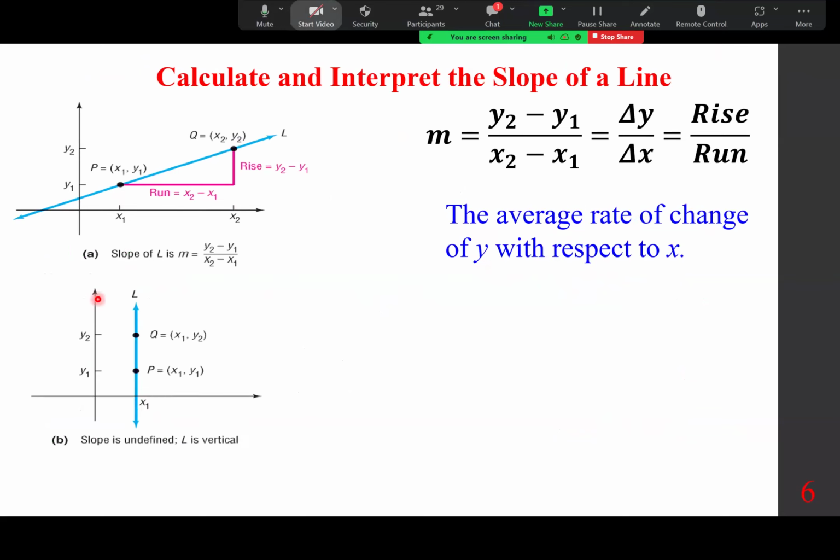So if you're looking at a vertical line, if you pick any two points, they have the same x coordinates. So when you put it into this formula, the denominator becomes 0, and therefore the slope is undefined.